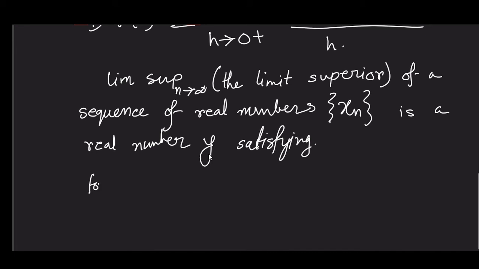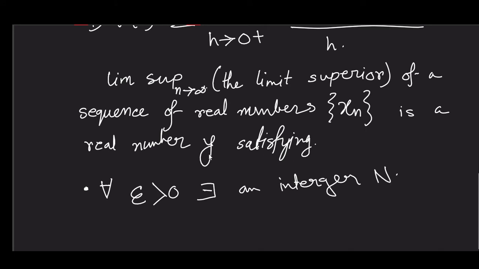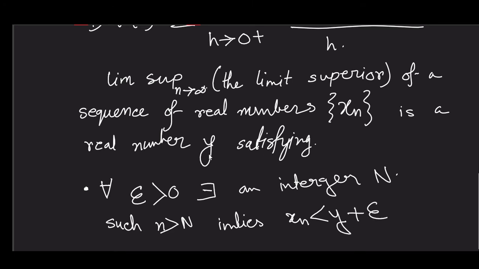One condition: for all epsilon greater than 0, there exists an integer N such that n greater than N implies x_n is less than y plus this non-negative number epsilon.